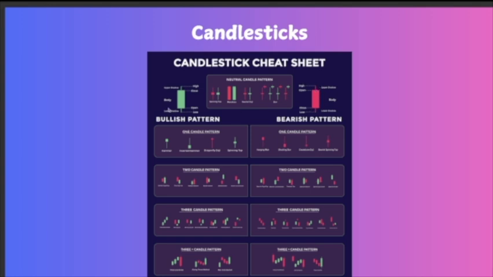In order to determine if a candle is a buy candle or a sell candle, it's going to be where it opens and closes. Right here you see these shadows or wicks. This is going to represent where price pushed the highest or the lowest, and then where it finally settled. Right here is going to be your open, this is going to be your close. Price tried to push up to this high right here, but they ended up settling at the top of the candle, I should say.